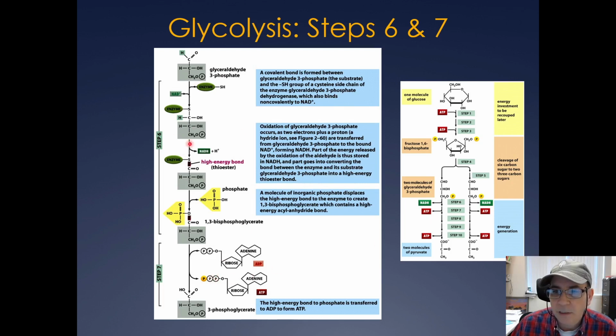So step 6 produces the reduced NADH, and in step 7 you're producing ATP by the transfer of this high energy phosphate onto ADP. In the end, you're left with 3-phosphoglycerate, which will eventually get converted to pyruvate.